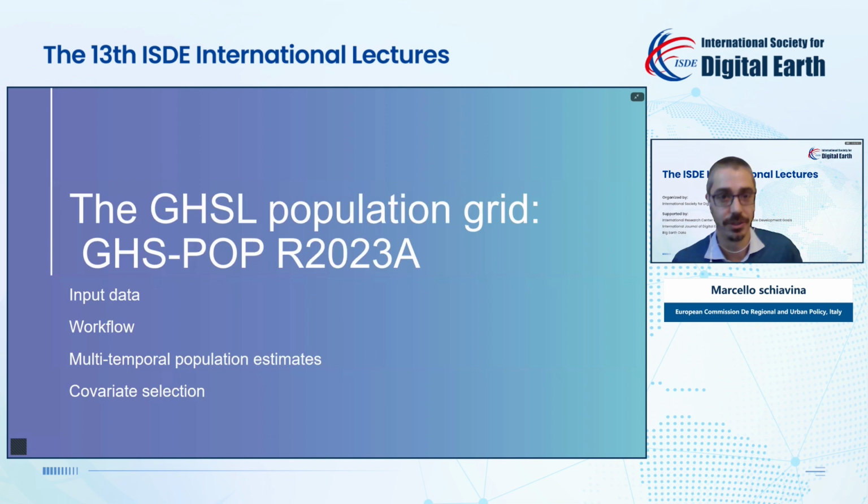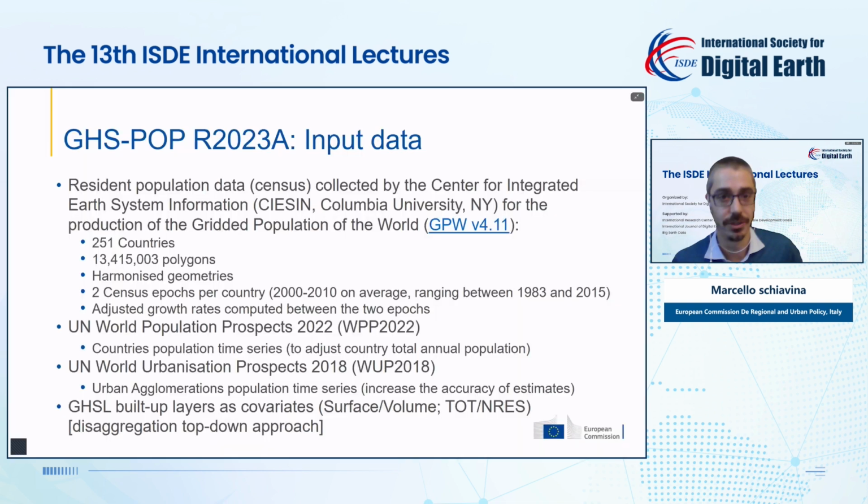But let's see what we did in the production of the GHS POP grids, what we used as input data, what was the general workflow, and a focus on the multitemporal population estimate model and the selection of the covariates. GHS POP's main input is the resident population census data collected by CIESIN.